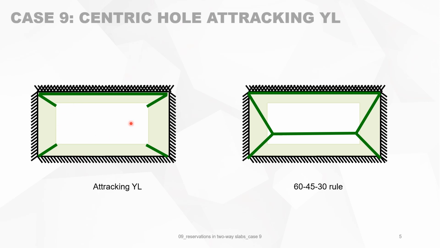When the reservation is big or very centric, this is a more realistic view of the yield lines than the other. We will see later on how we can choose between the two. But for a centric reservation, we will use attracted yield lines instead of the 60, 45, 30 rule.